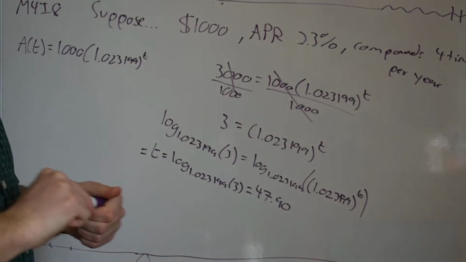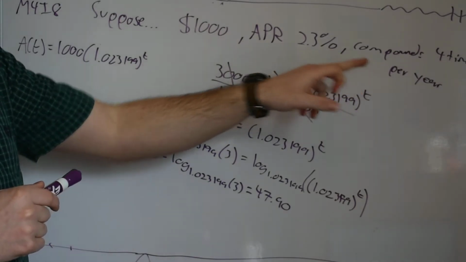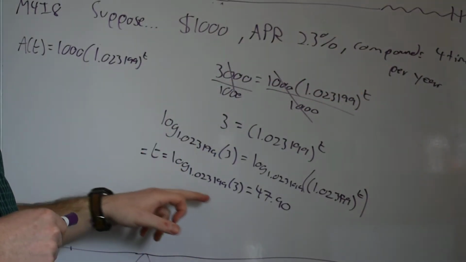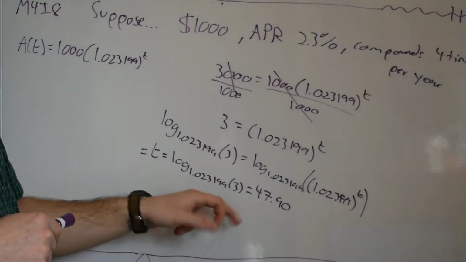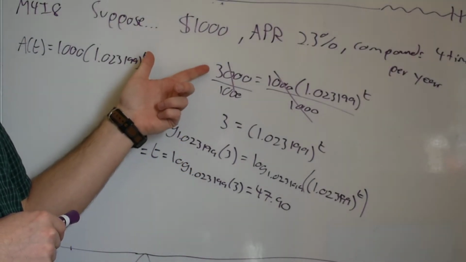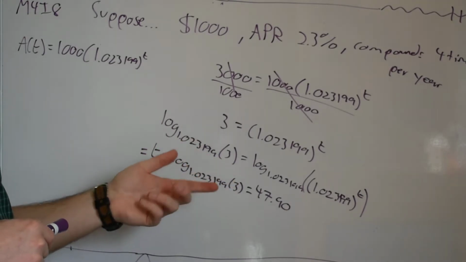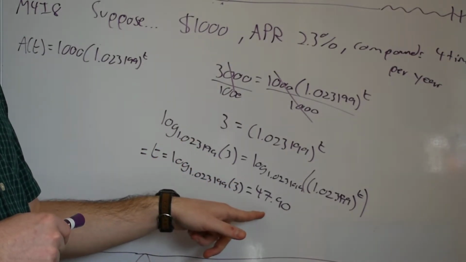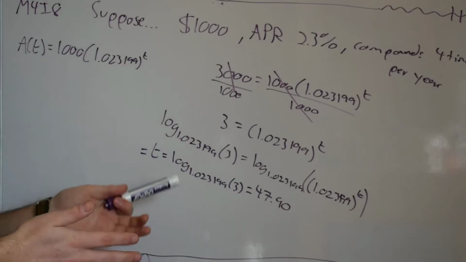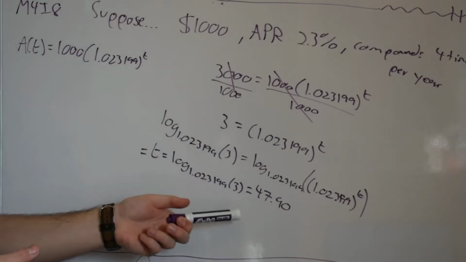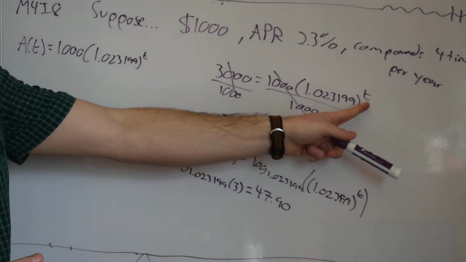So for this particular situation, it's going to take almost 48 years for this account to reach $3,000. That's what this means. That's a long time for this. So this is kind of the reason why we're doing this, is so we can figure out these t numbers here.